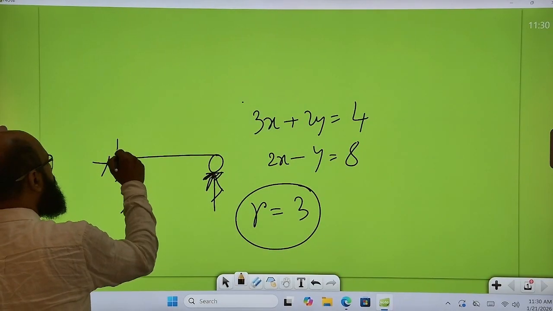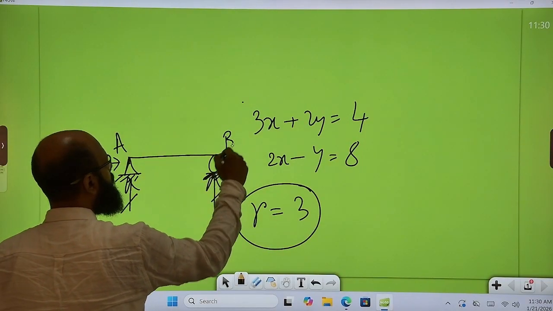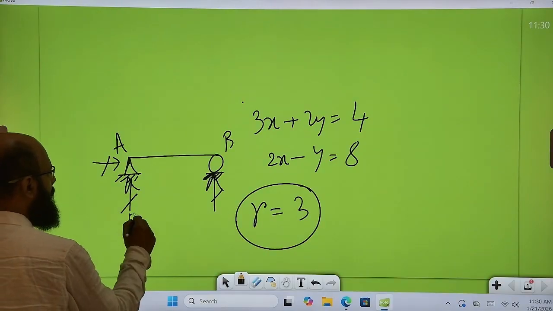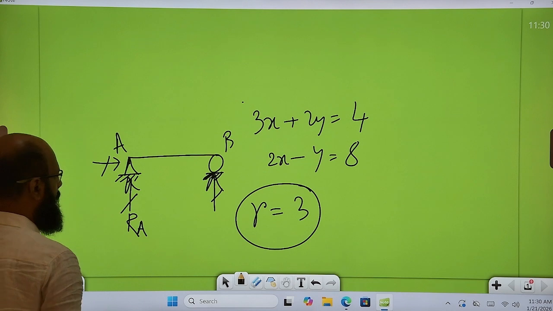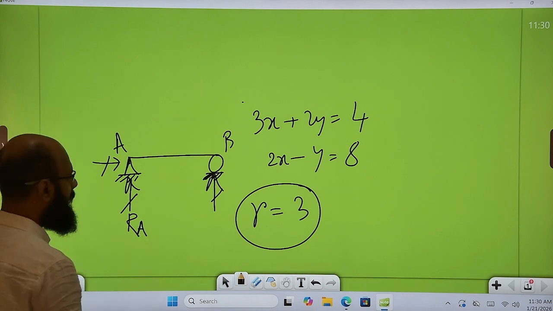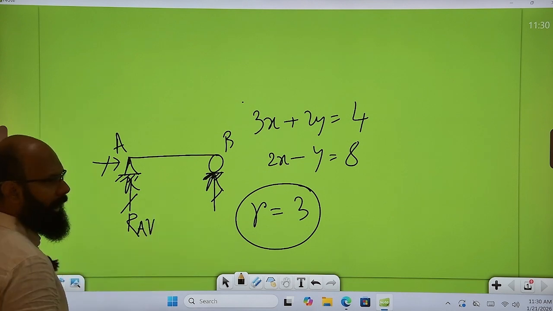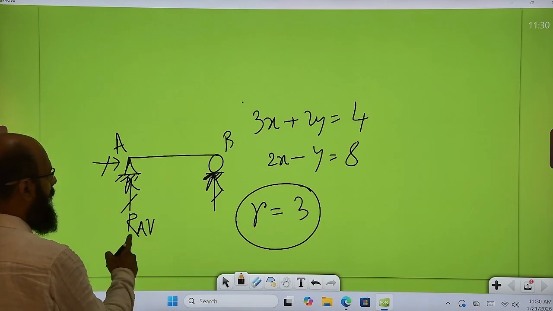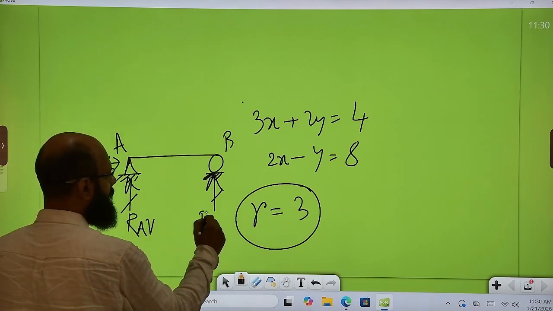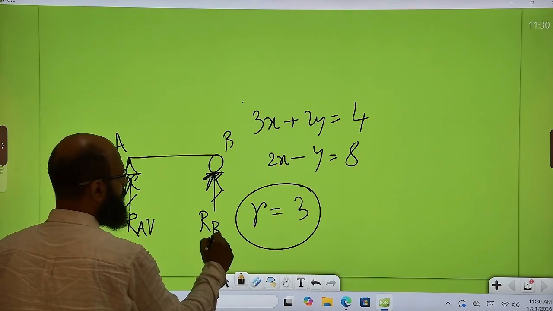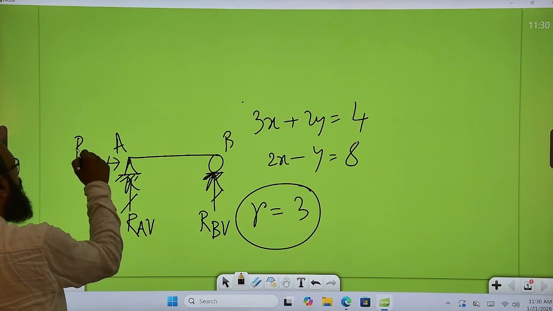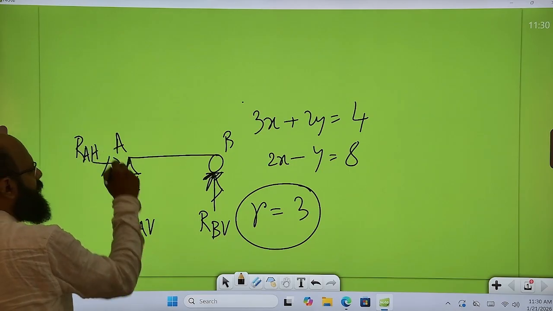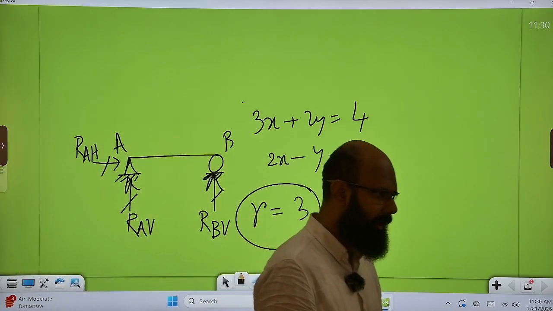Let me symbolize these unknowns. Suppose these two points are A and B. So I can write R, A. The first suffix is where the reaction is acting, and the second suffix is the direction in which it is acting. So it is RAV, and RBV, and this one will be RAH, H for horizontal direction.